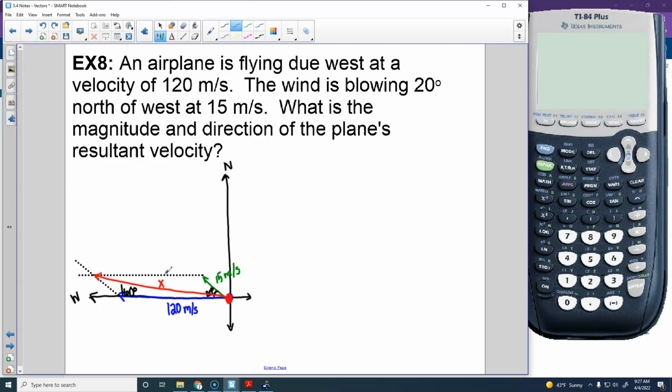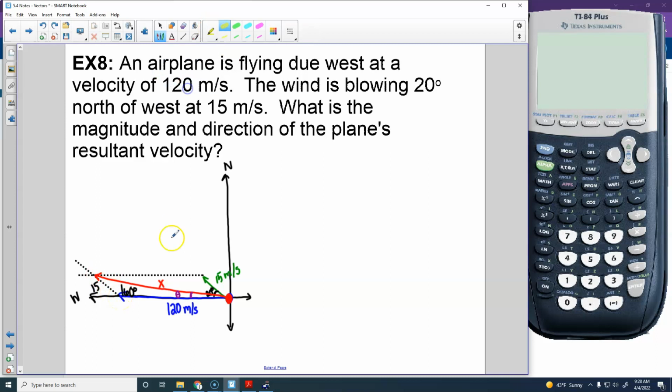And so we need the magnitude and direction of the plane's resultant velocity. So magnitude, I'm going to label that there with an X. My angle is going to be this teeny tiny little angle right here. If this side is 15, we would also know this side over here would also be 15.